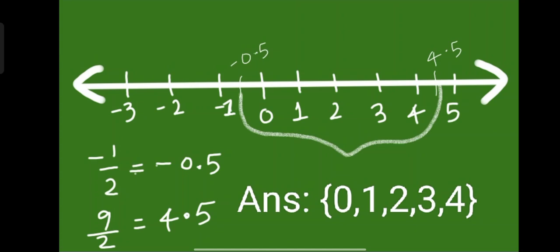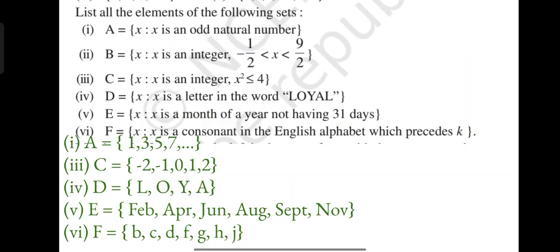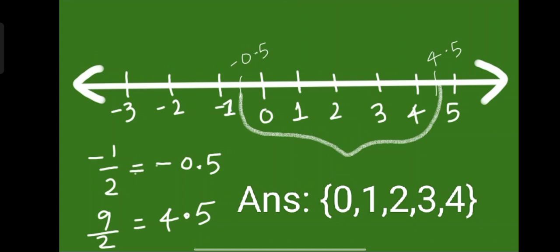That means the distance from 0 to 1 and from 1 to 2, as well as minus 1 to minus 2 etc. are equal. It is written as 0, 1, 2, 3, as well as minus 3, minus 2, minus 1 and so on. Our answer should come in between minus 1/2 and 9/2.